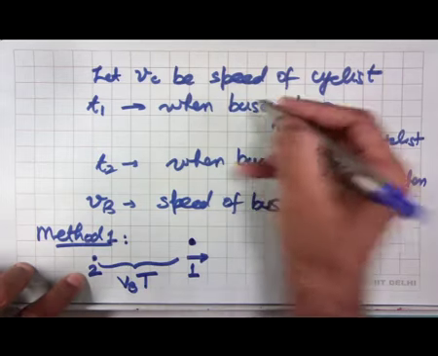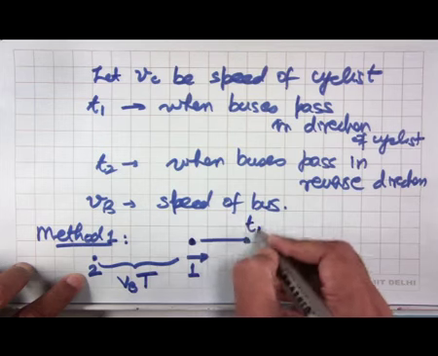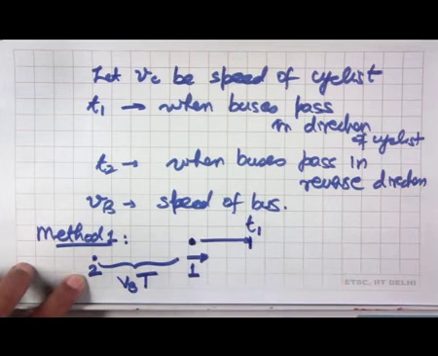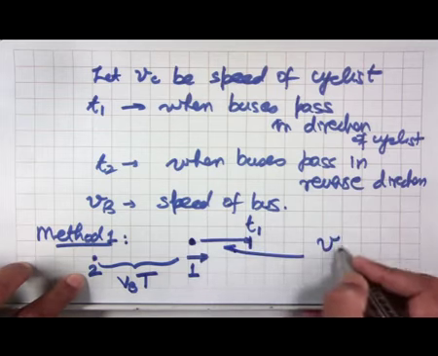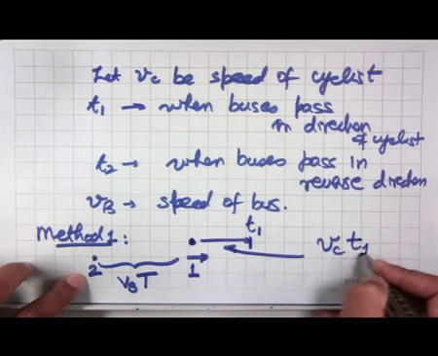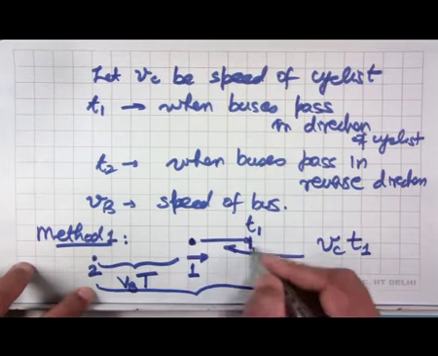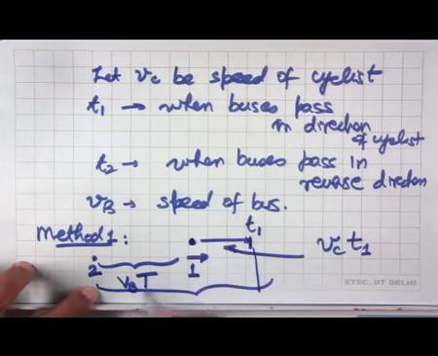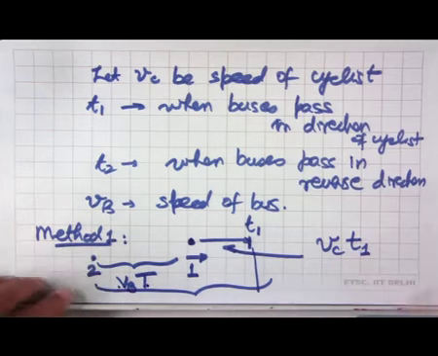Now, what is told to us is that the cyclist sees the next bus after time t1. The distance travelled by the cyclist during this time t1 will be equal to Vc times t1, and the distance travelled by bus number 2 during this same time will be equal to Vb times T plus Vc times t1.